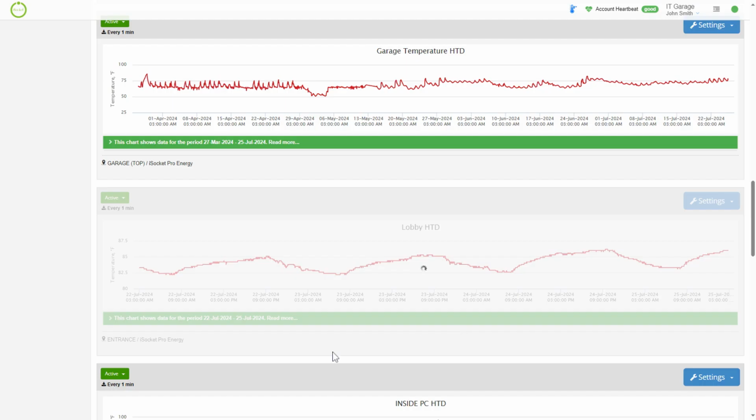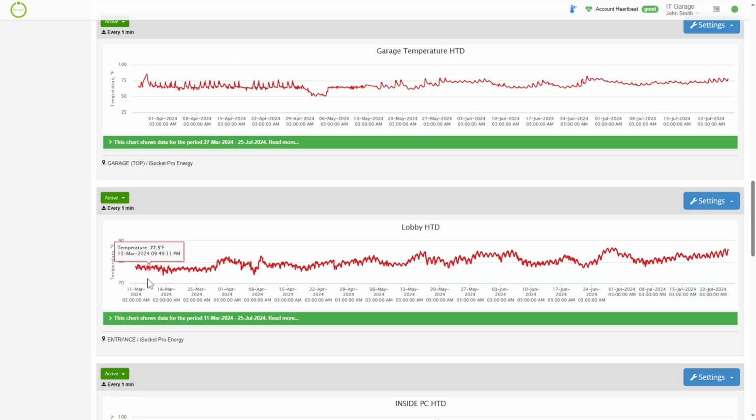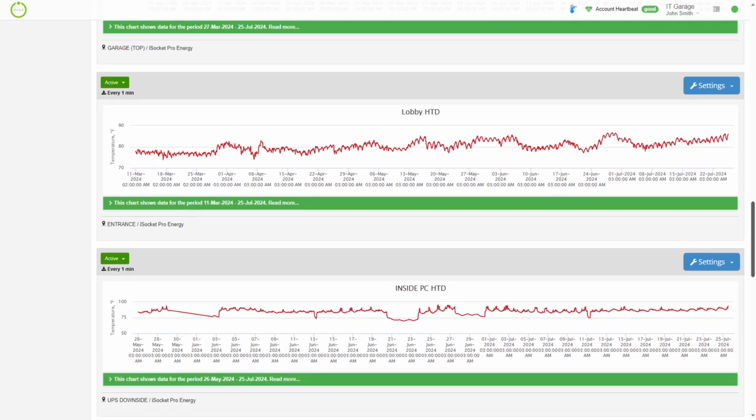Yes, so it is your average 75 Fahrenheit temperature for home or office. And that is when it's hot and you don't have air conditioning in your home or office, like we don't have. Now the interesting stuff.